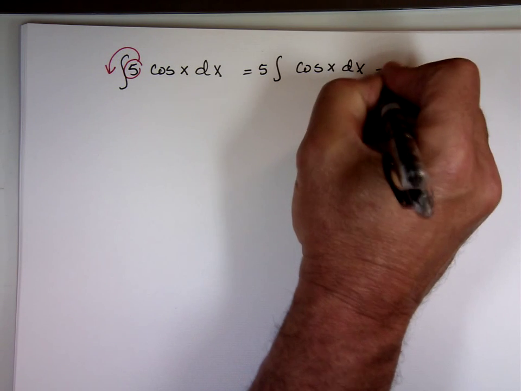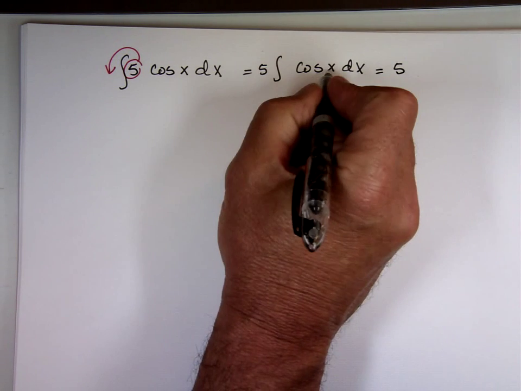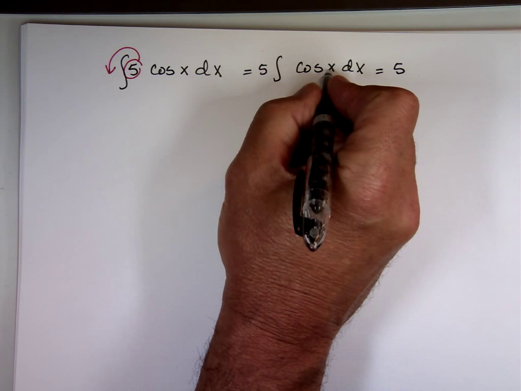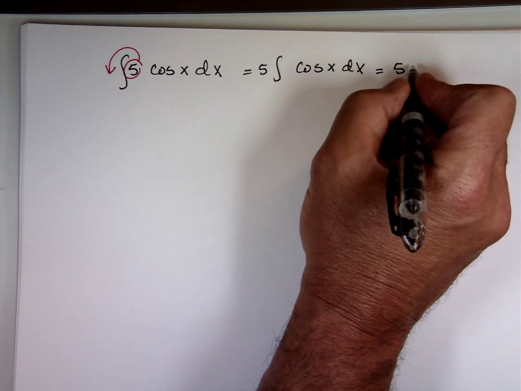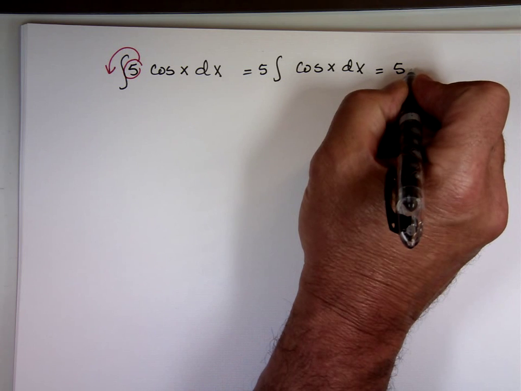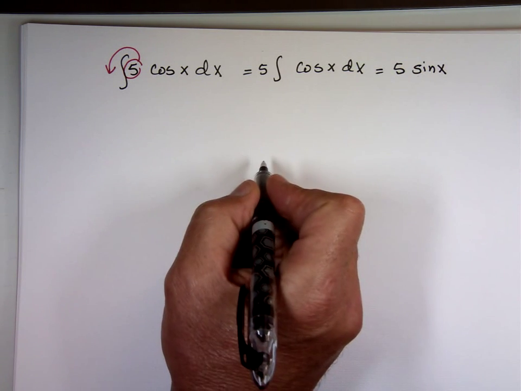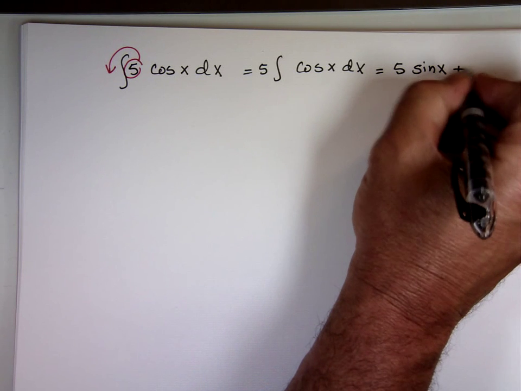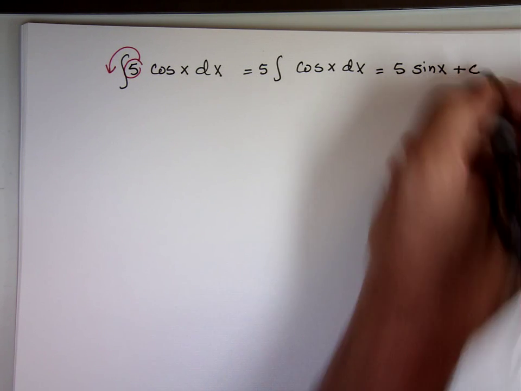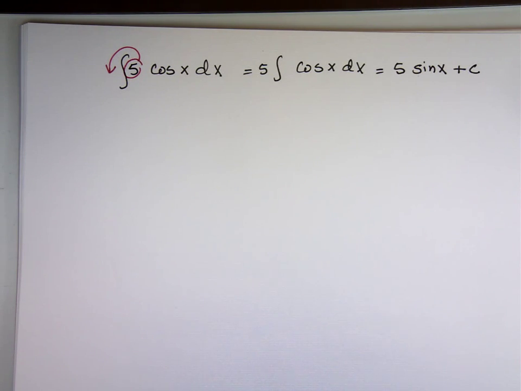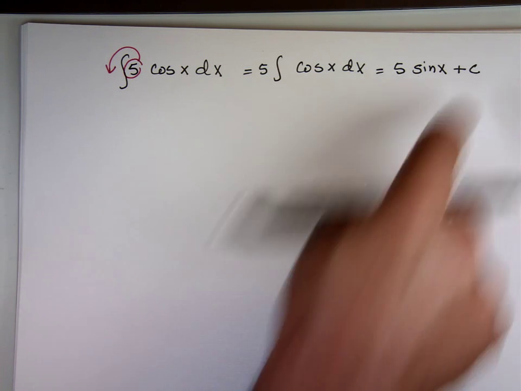Who has a derivative of cosine x? Sine of x, not negative. Do I need to say plus 5 times c or just c? C is a constant, so what's 5 times a constant? Still a constant. Who cares if it's big C or small c, it's going to be a constant.